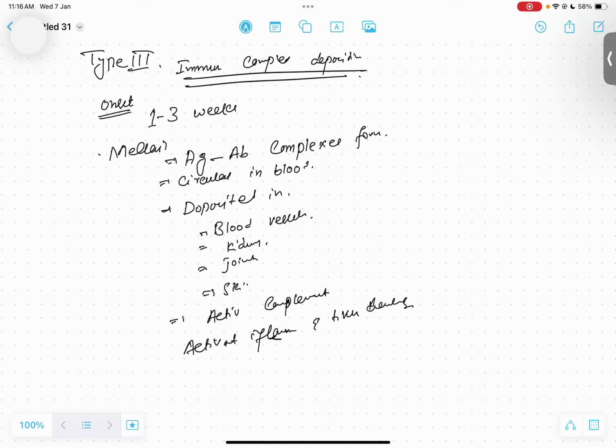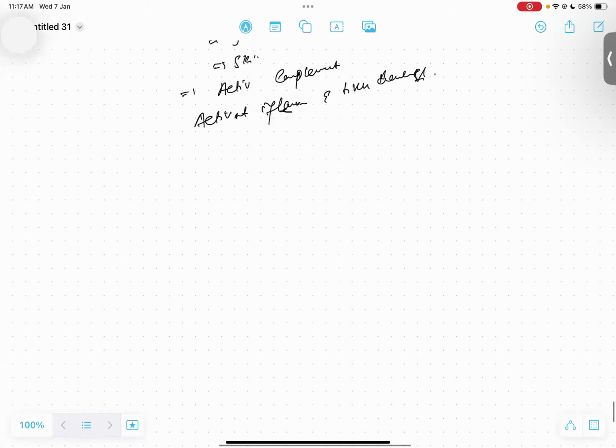So this is the mechanism of type 3, and the tissue damage is usually caused by these neutrophils. These neutrophils usually lead to tissue damage.